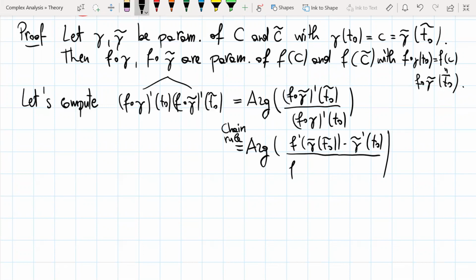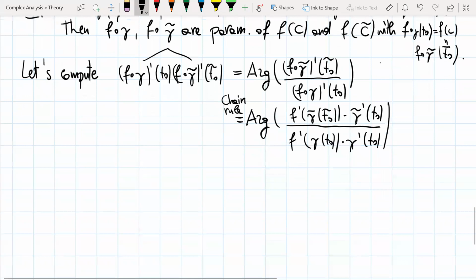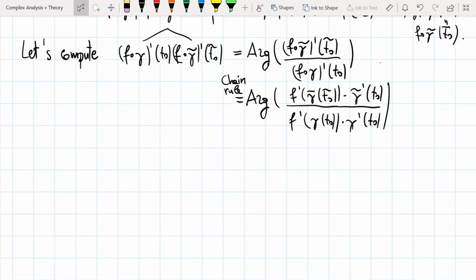And below we have f prime of gamma T0 times gamma prime of T0.